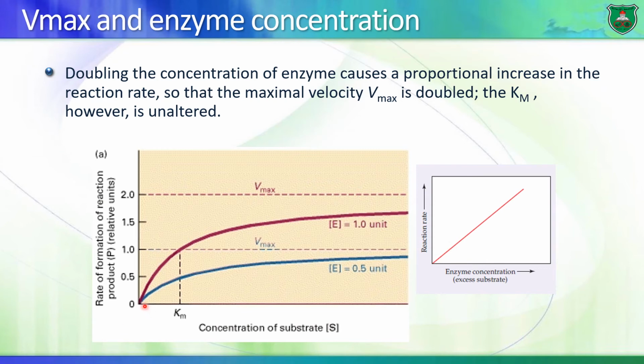So let's say that you have a different concentration of enzymes for a certain substrate. Now the idea here is that the Vmax would differ as well, depending on the concentration of the enzyme. So if you double the concentration of enzyme, you also double Vmax.